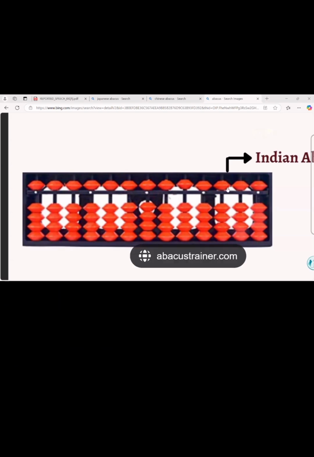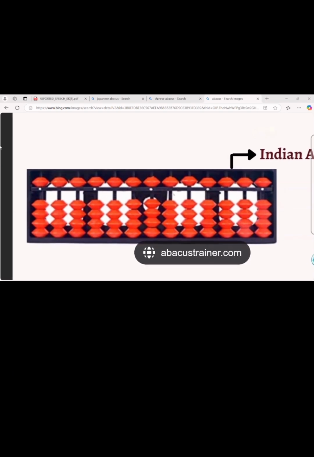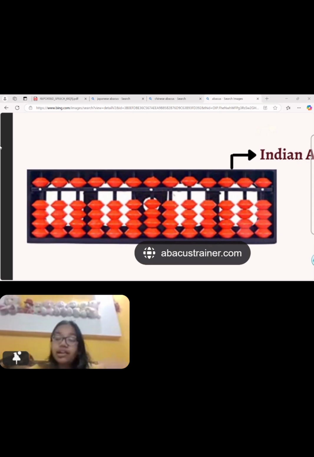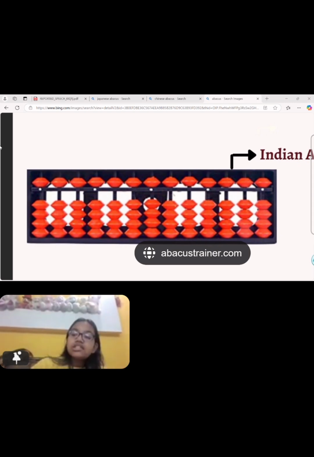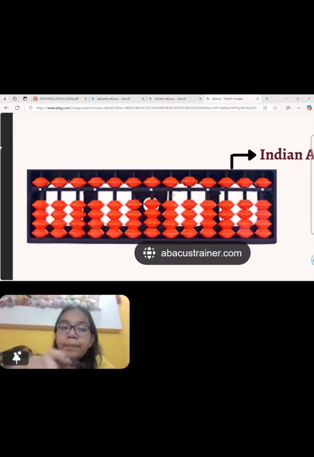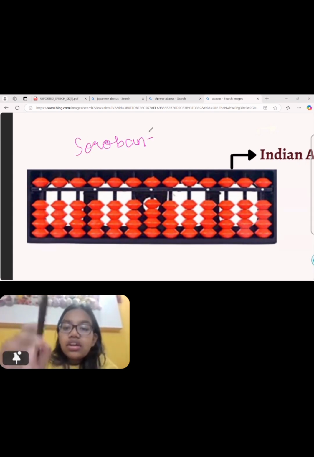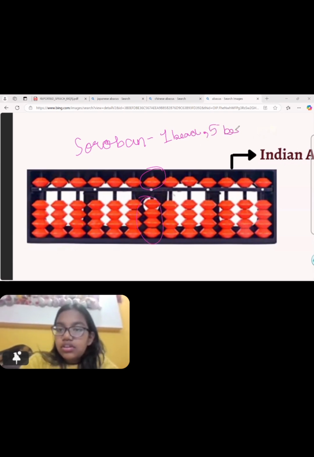Very good. Like I told you, there are two different types of abacus, Swanpan and Soroban. Soroban is the Japanese one, Swanpan is the Chinese one. But the contrast is here. In Soroban, there is only one bead on the upper side, but on the lower side there are five beads.